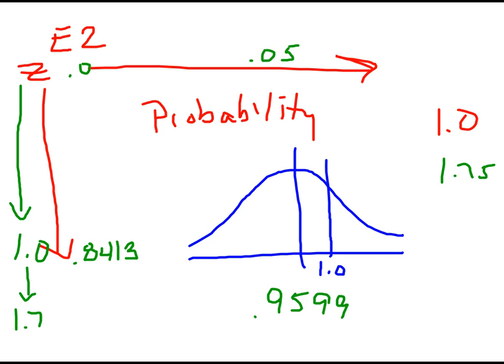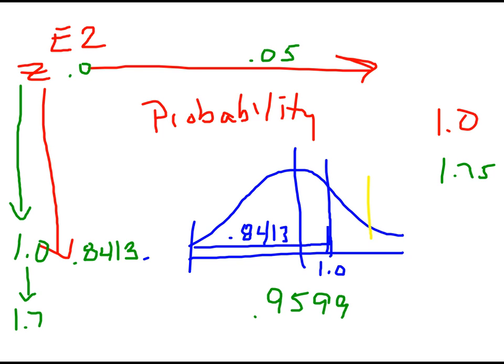And the probability of selecting somebody 1.0 away from the mean is all of this. So that would mean that 84.13% of your values fall between one standard deviation from the mean and less. I'm running out of colors here.